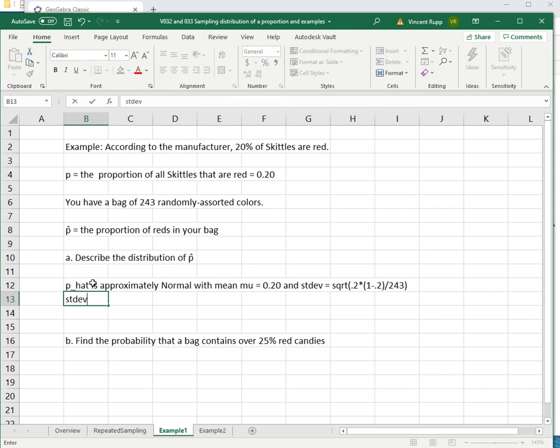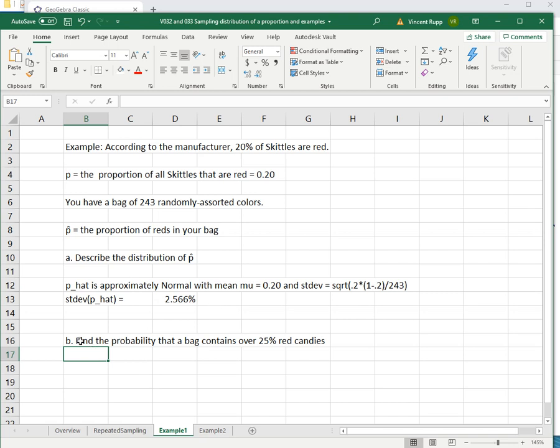So standard deviation of p hat equals, and in Excel I just do SQRT, 0.2 times 1 minus 0.2 divided by 243. So we get 0.02566. There we go. So it's approximately normal, so we can do calculations using the normal model.